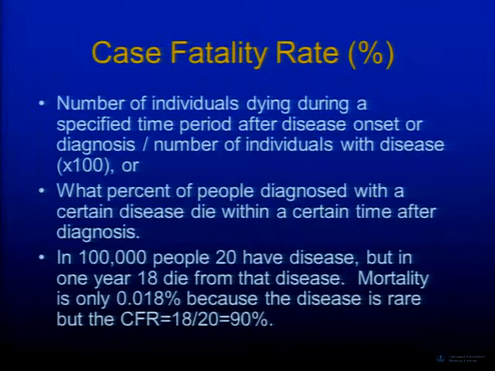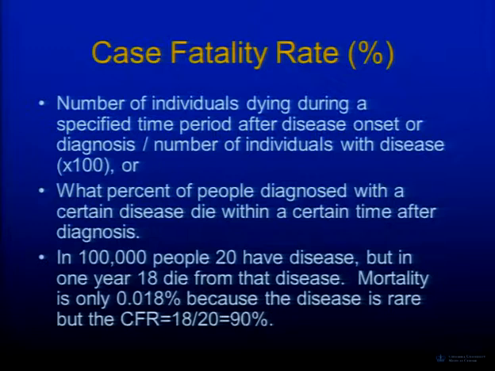This is important because if a disease has a high case fatality rate, we had better act quickly, or else a lot of people will die from it. So if in 100,000 people we get 20 people with the disease, but in 1 year 18 die from that disease, the mortality rate is only 0.018%.